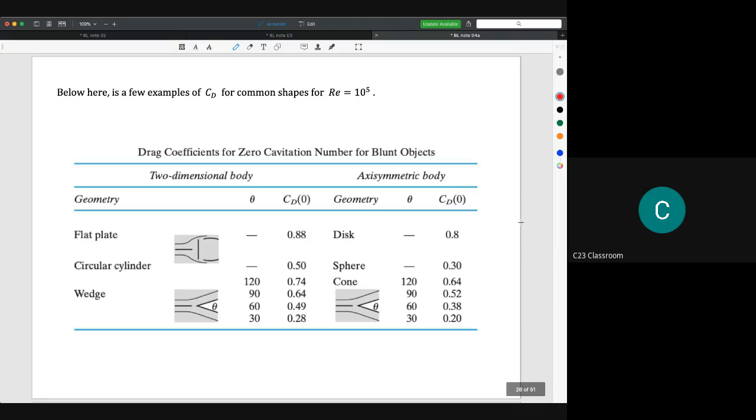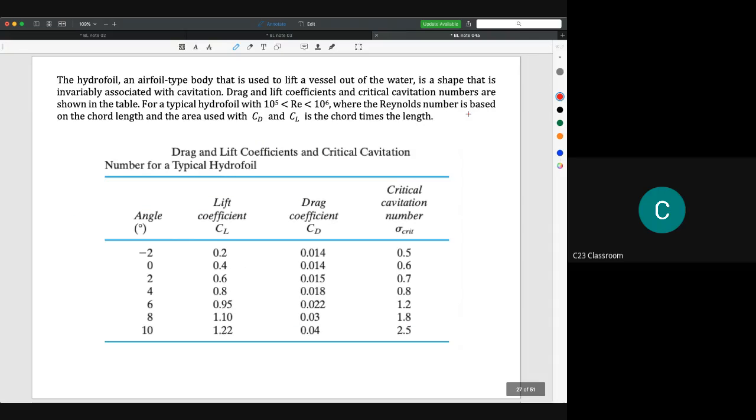So this is a few examples of CD, for Reynolds number 10 to the power of 5. This is the drag coefficient with zero cavitation, and this is the critical cavitation number here. Normally we have the angle here.